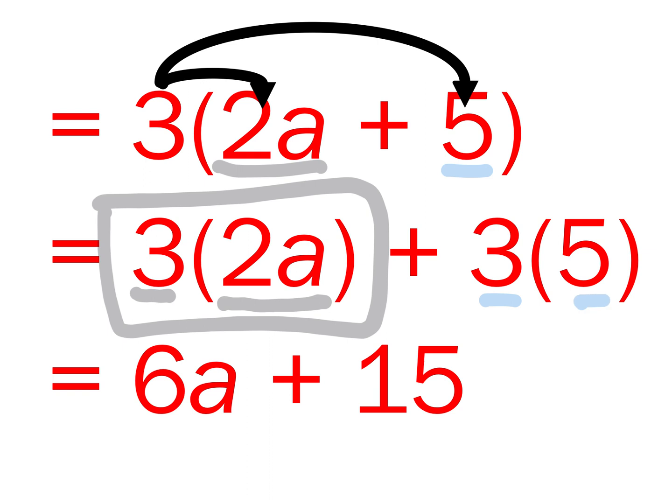So that's 3 times 5. So 3 times 2 is 6a, and 3 times 5 is 15. So we could just do that. Whatever the number is in front of the bracket, multiply it by each and every term inside the bracket. Okay.